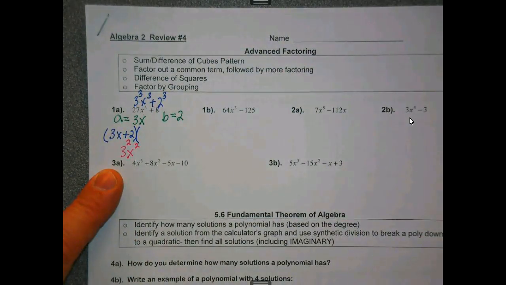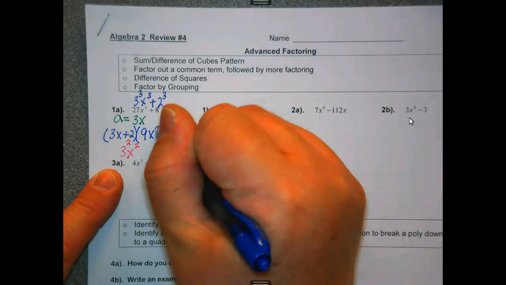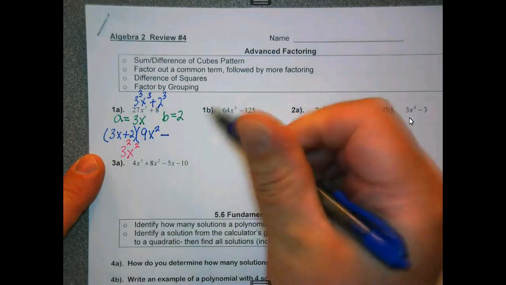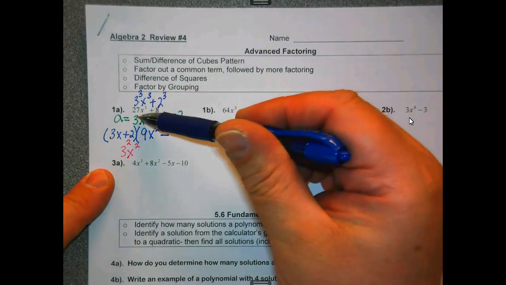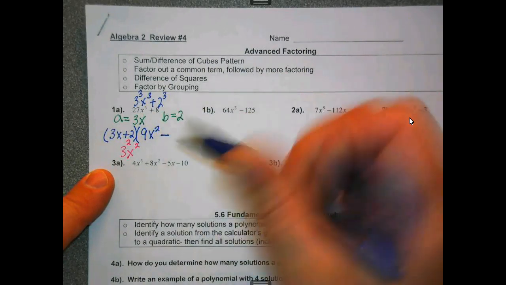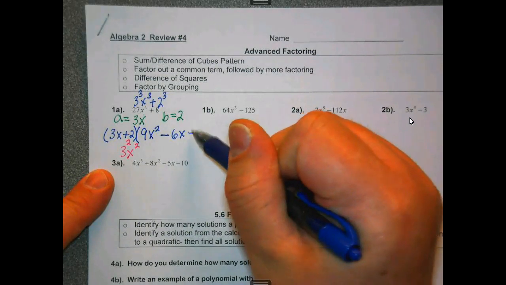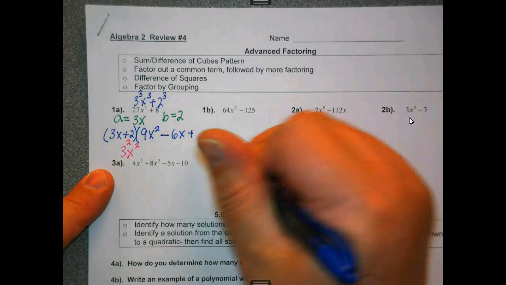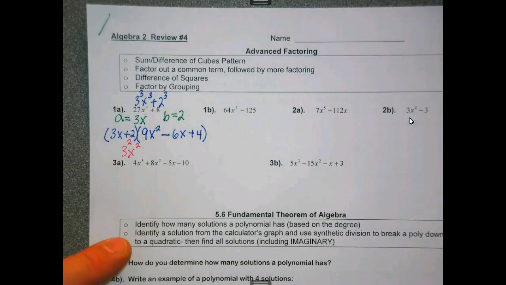So I have 9x squared. The formula says I have a minus sign here, and it's going to be A times B. Well, 3x times 2, 6x, plus 2 squared, B squared, 4. That's my answer.